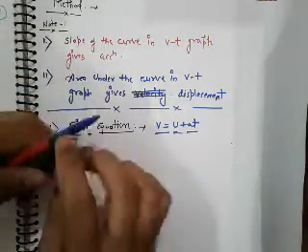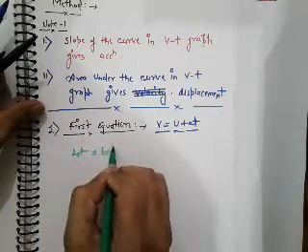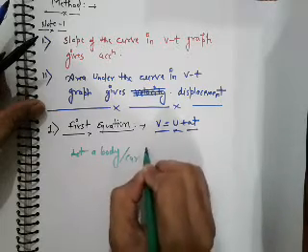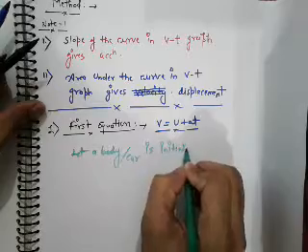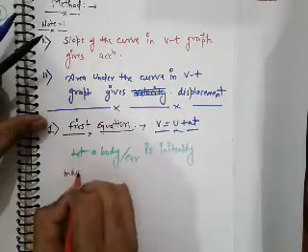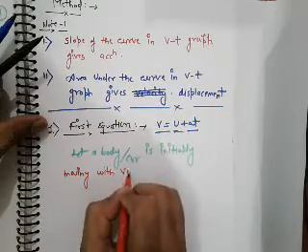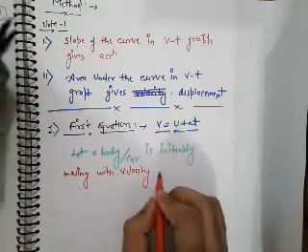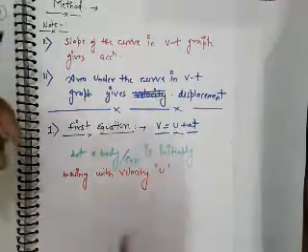Statement: let a body, or you can assume a car, be initially moving with some initial velocity u.